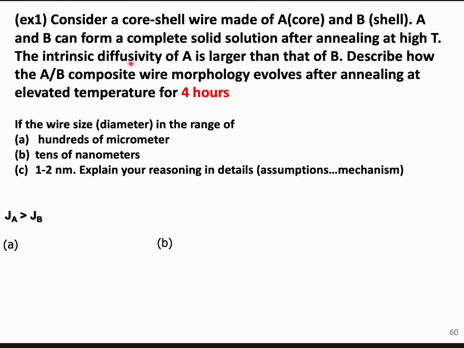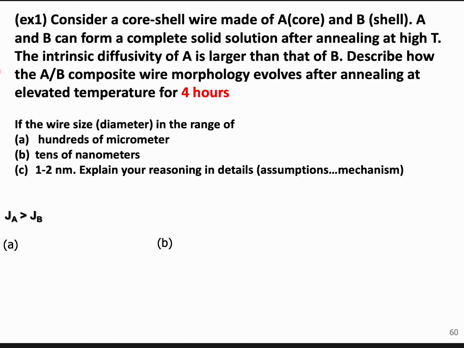And the intrinsic diffusivity of A is larger than B, implying that JA is larger than JB with a dissimilar flux, right? So when interdiffusion happens, the Kirkendall effect will happen.